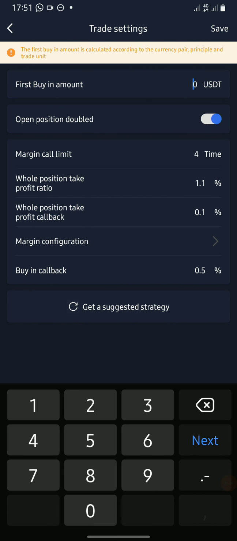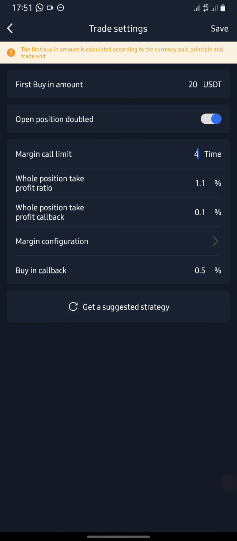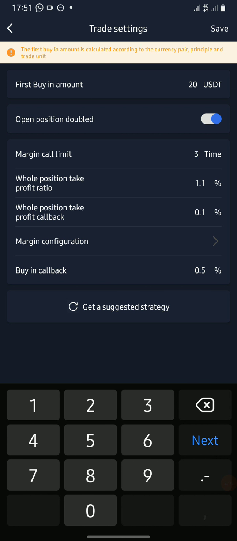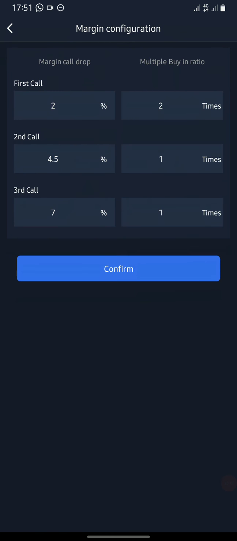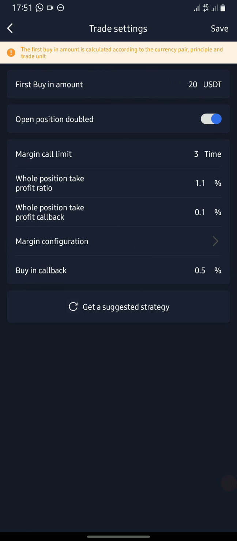I'm gonna put 20 here for $100. I'll open position double. I'll go with 3 calls. Right. My margin configuration, not bad. Now remember, open position double buys double of what you want to buy, and this is 20.